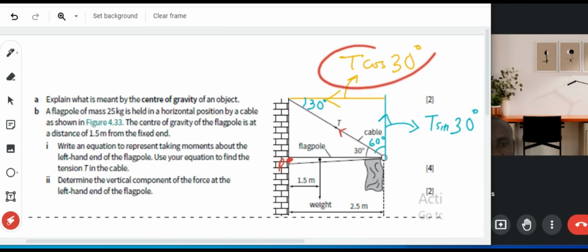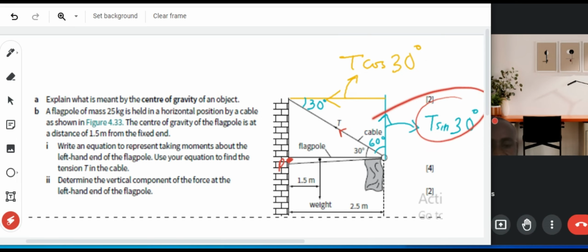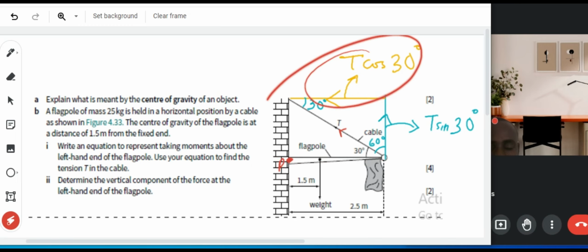So this component is T cos 30 degrees, while this component is T sine 30 degrees. And most likely this is the one we will use, because that is the force perpendicular to the flagpole, and not this one, because this one will not produce any moment.